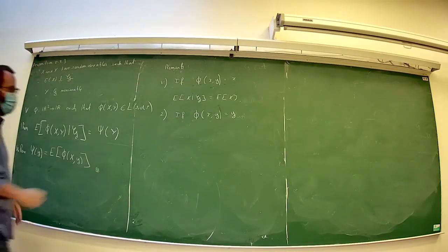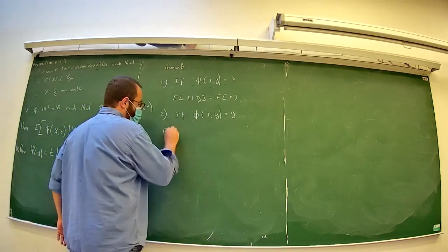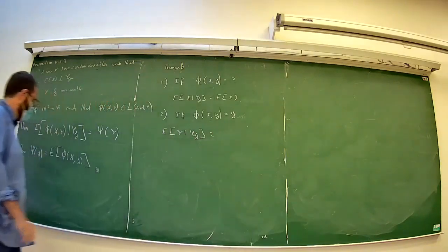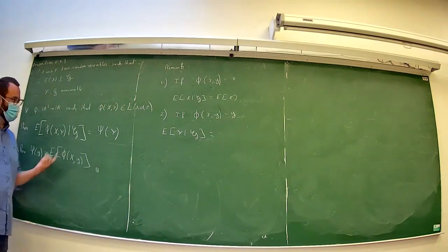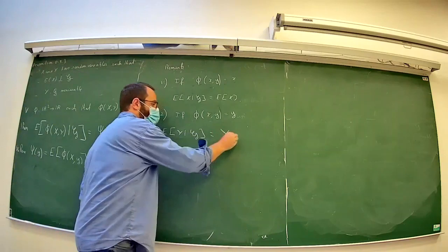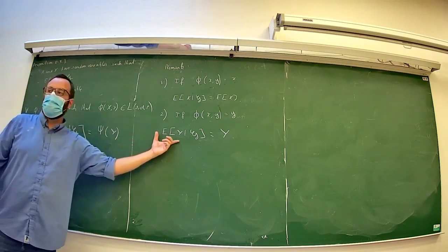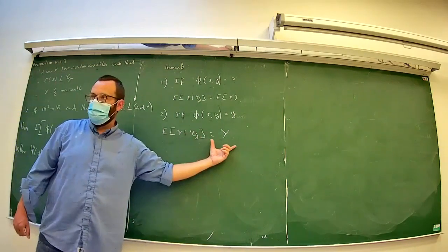I obtain that the conditional expectation of Y given J is equal to Y. That is, I recover the property that when Y is J measurable, the conditional expectation of Y given J is equal to Y. If I am J measurable, my conditional expectation is myself.